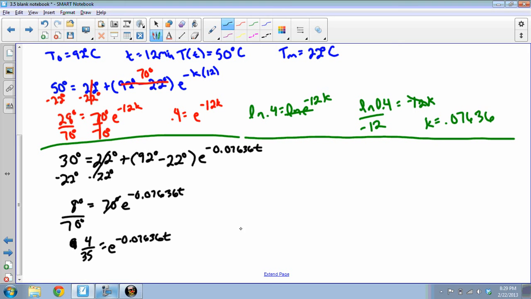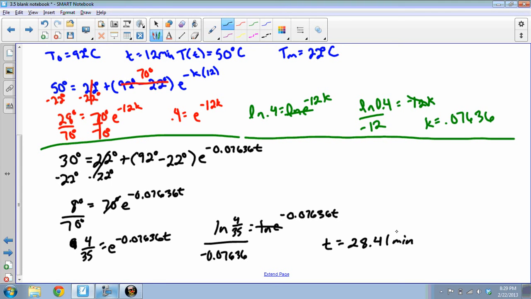Now it's time to take the natural log of each side. That natural log of e goes away, so really we're doing the natural log of 4 over 35 divided by negative 0.07636. Type that into your calculator, and you should get 28.41 minutes. So it's going to take about 28.5 minutes for the coffee to cool to 30 degrees.